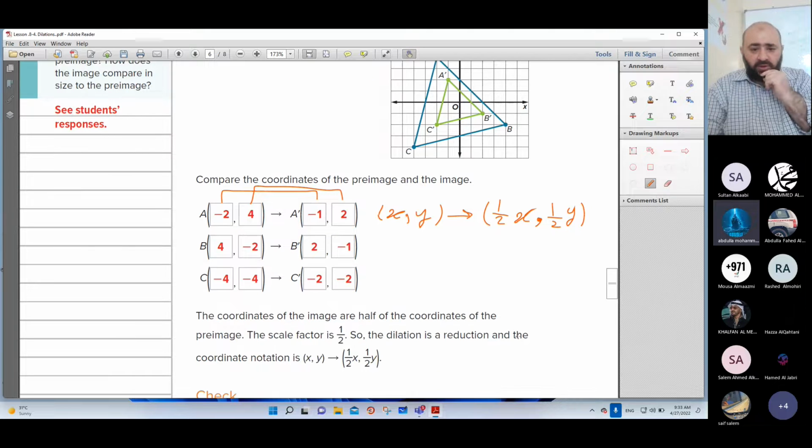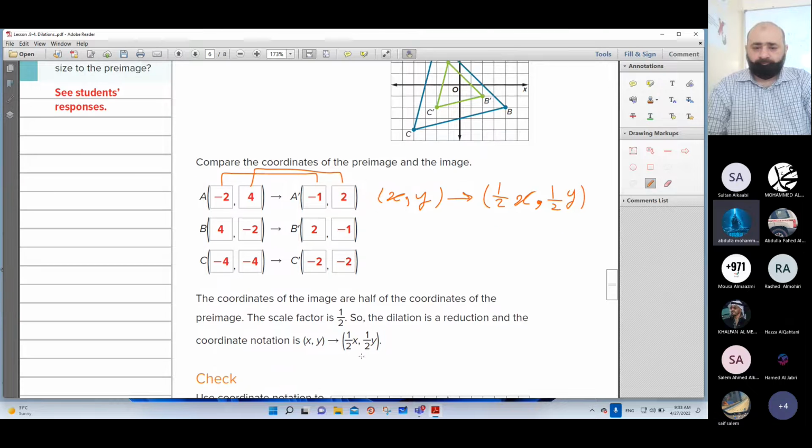So the coordinates of the image are half of the coordinates of the pre-image. So the scale factor is 1 over 2. So the dilation is a reduction. And the coordinate notation is (x, y) goes to (1/2 x, 1/2 y).